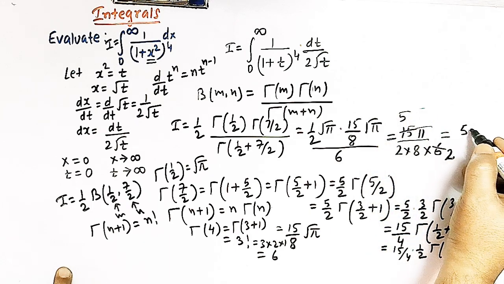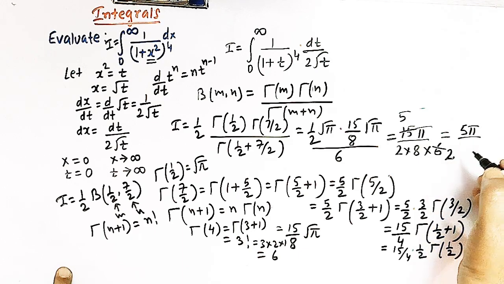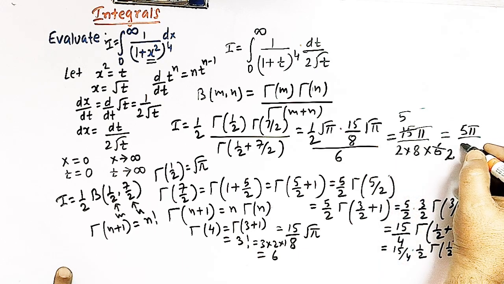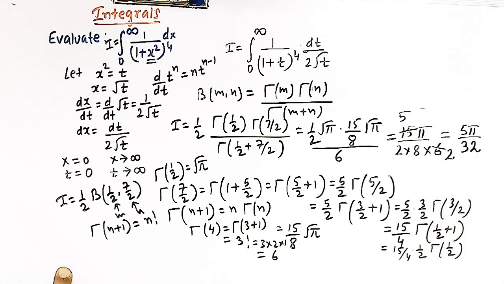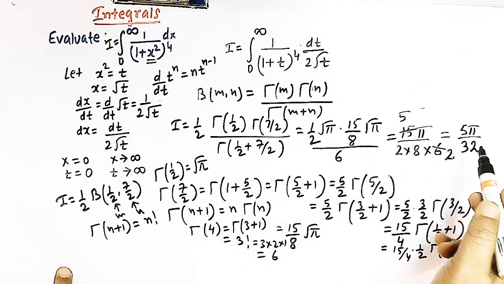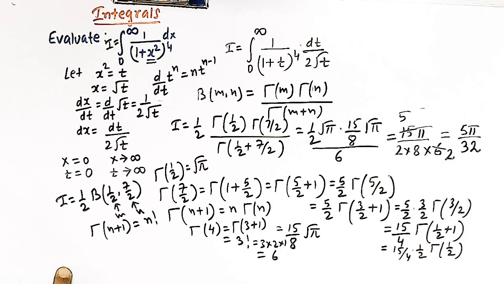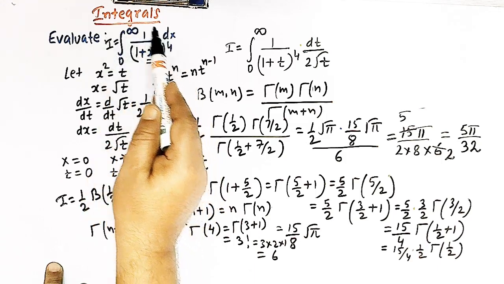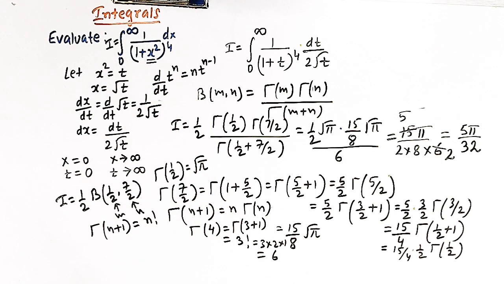So we have 5 pi divided by this is 2 times 8, 16, times 2 is 32, right? So the value of this integral is equal to 5 pi divided by 32. So viewers, this is how by the application of beta and gamma functions we can easily evaluate integrals of this type.